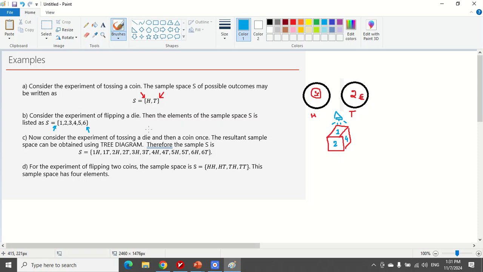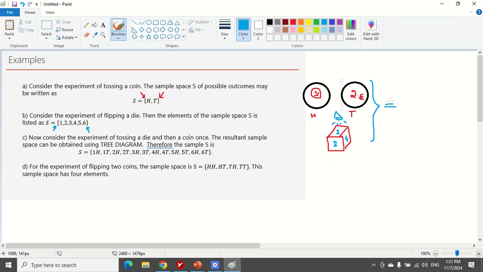Another example is an experiment where we toss a die and a coin simultaneously. In this case, the sample space can be obtained using a tree diagram. What do I mean? Assume that we have one coin and one die, and at the same time we toss the coin and flip the die.